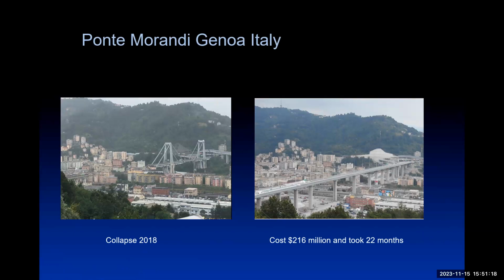Now, the interesting thing here is that the Ponte Morandi was actually a method of going past a town which the people who lived there were very keen on. They didn't want the traffic jams of people who weren't interested in stopping in their town.